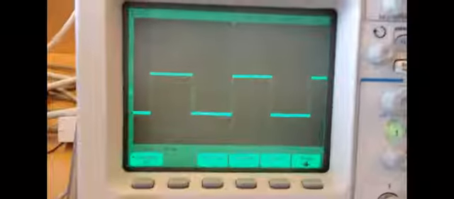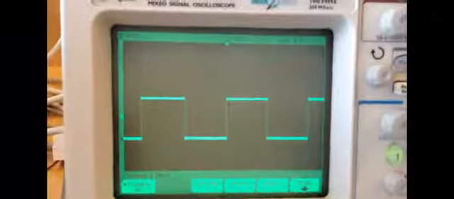At this time, the time scale is shown as 2 microsecond per block. And if you look here, I have almost 1, 2, 3, 4 blocks covering from here to here, which is a full period. 4 times 2 microsecond is going to be 8 microsecond. It means that this signal has a period of 8 microsecond.